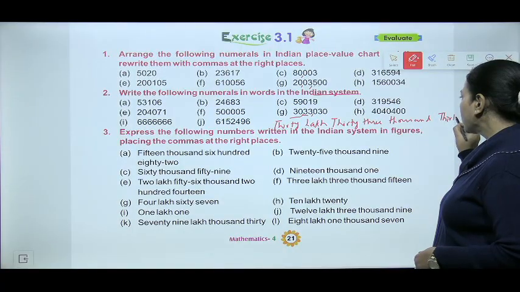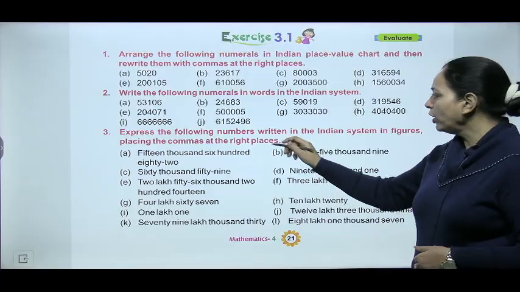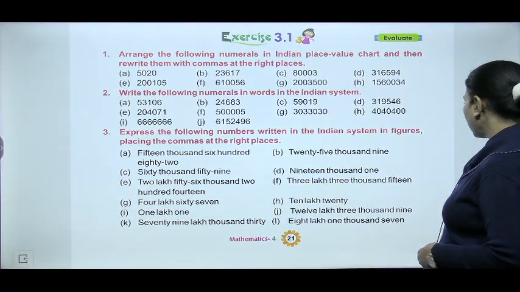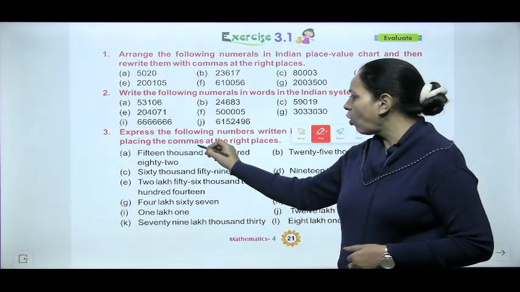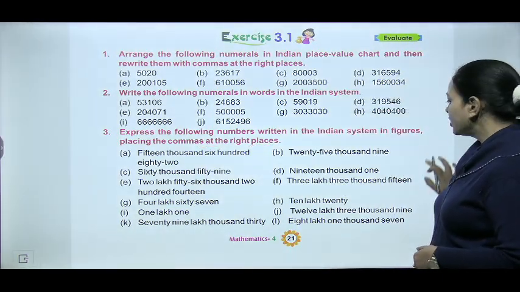So I hope this is clear to you. Okay, now third one, express the following numbers written in the Indian system in figures, placing the commas at the right places. So you can try this one.